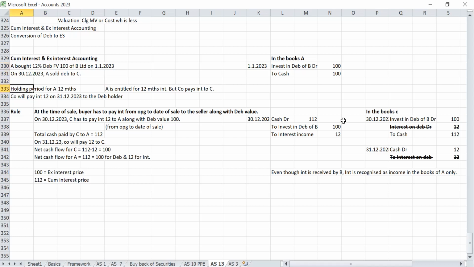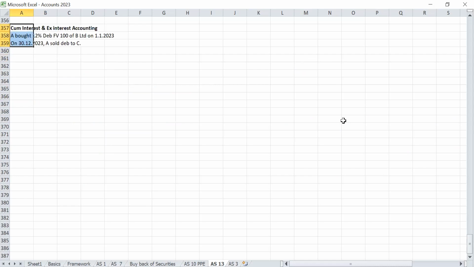So, for example, in the same example, on 30th December 2023, A sold the debenture to C for 115 cum interest.